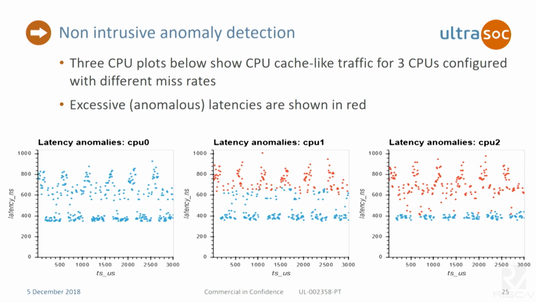Each CPU has different cache misses, and we're observing the latency by those monitors, and the data that's being generated is just the latency in a window of time, and we're running a statistical anomaly detector. And what this is showing is that these two CPUs are suffering from a lot of anomalous cache latencies.